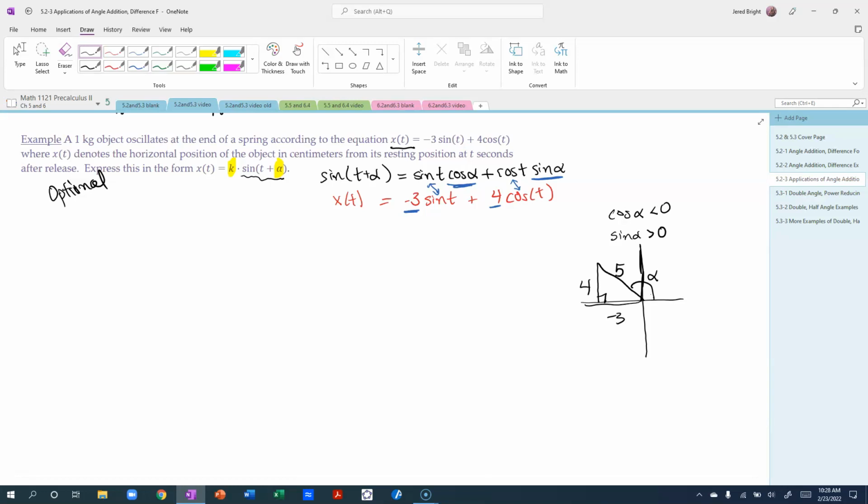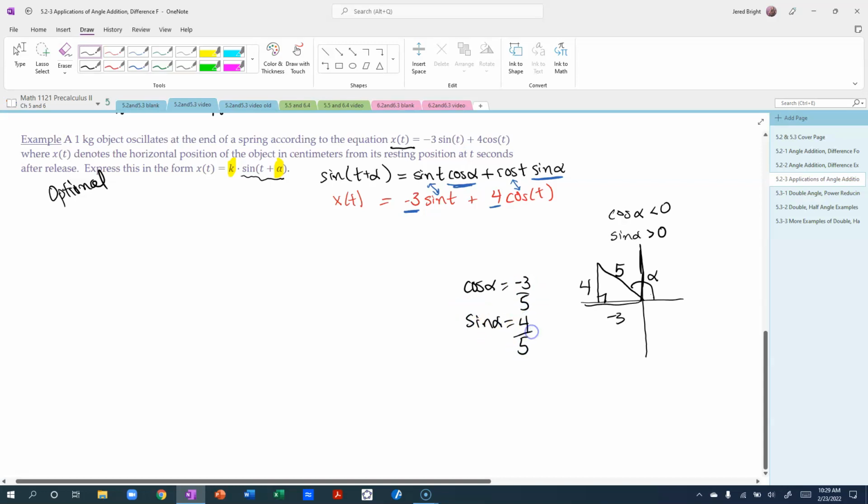So really, in this triangle, cosine of alpha is equal to negative 3/5, and sine of alpha is equal to positive 4/5.